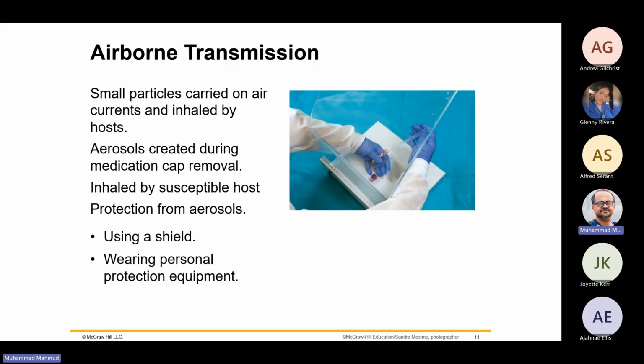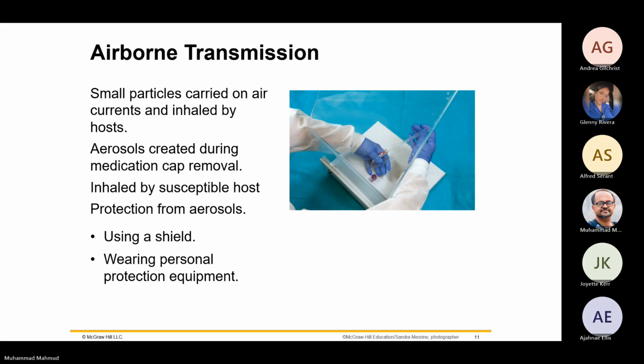Airborne transmission can also occur when the top of a tube of infected blood or other body fluid is removed, creating an aerosol. Protection from the aerosol during specimen handling includes wearing appropriate PPE and using a specimen shield.